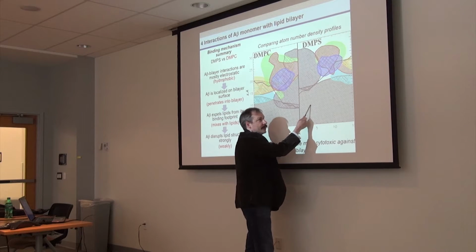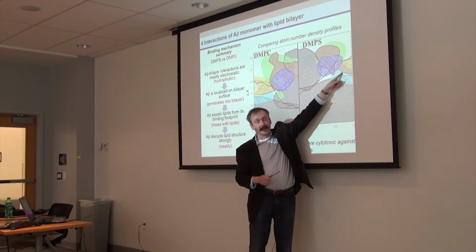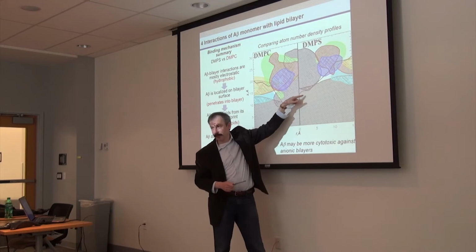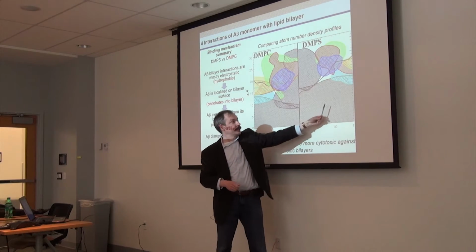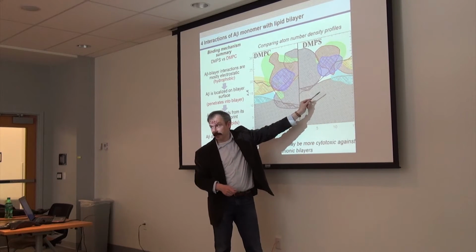This is the location of the head groups, and this is the location of the fatty acid tails. So that means that if the head group is here but the tail is here, these lipids are highly tilted. They are not sitting in the normal undisturbed bilayer, where they will be more or less vertical. Here they are highly tilted.